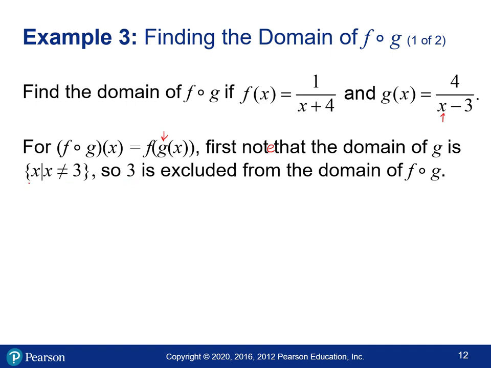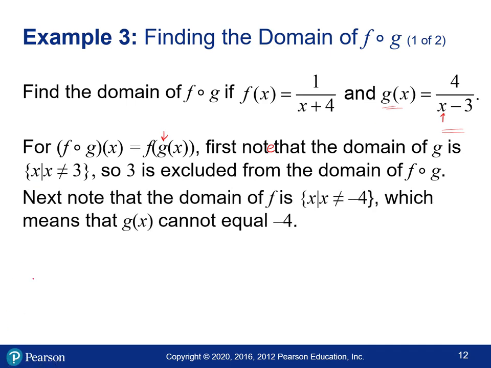So no matter what happens when we do our composition, we have to exclude 3 from the domain. Even though it's possible that when we do our composition, it would look like 3 was okay to plug in, because 3 doesn't work in the original inside function, we have to exclude it from our domain for our composition.